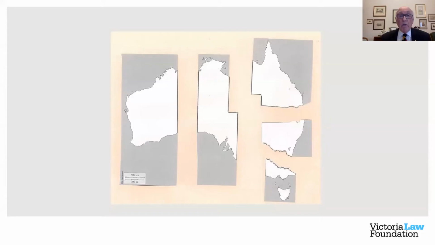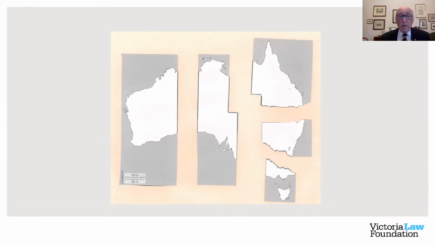The Constitution is important because it establishes Australia's parliamentary system. Now, as the next slide will show you, prior to Federation in 1901, Australia was a collection of separate colonies. This somewhat disconnected map illustrates what it was like.